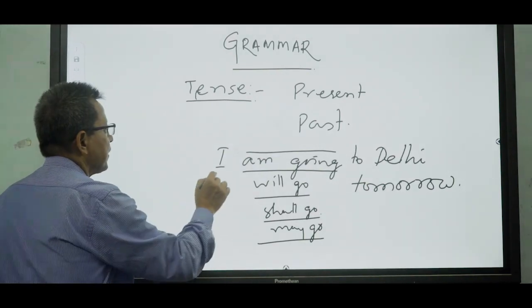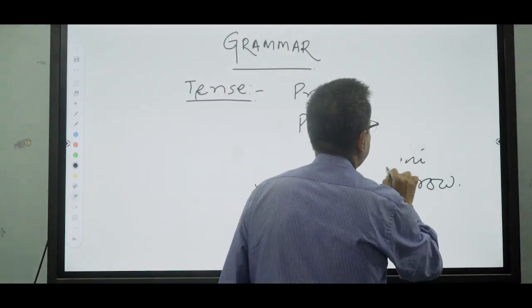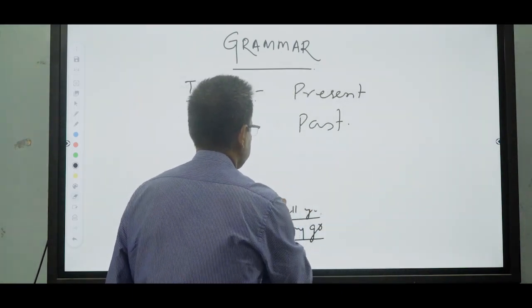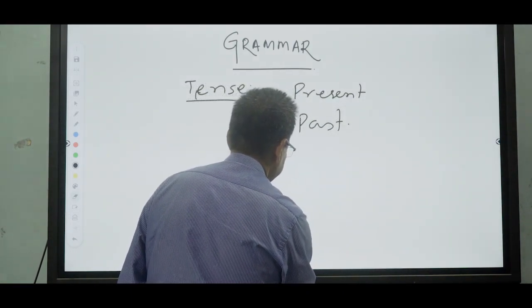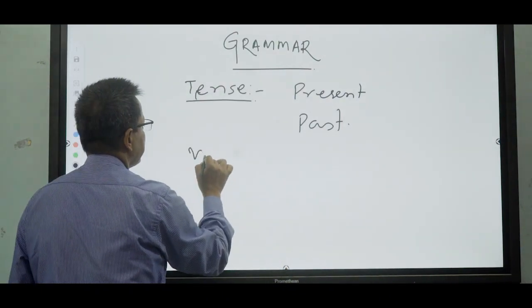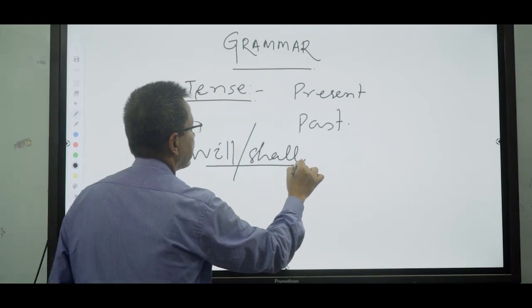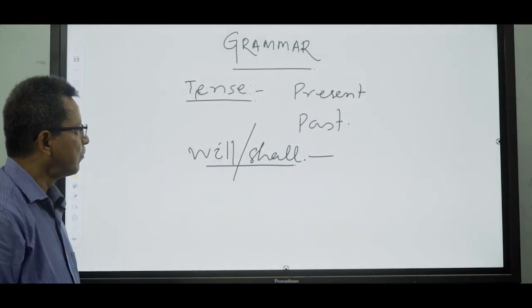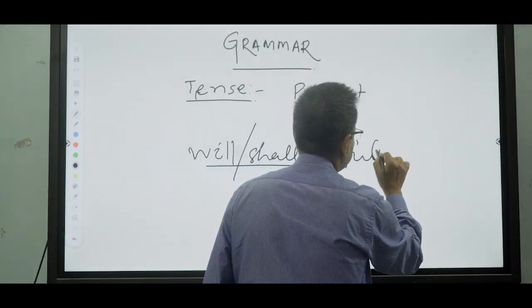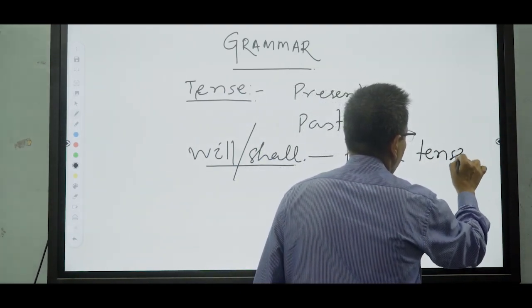And therefore, we can say that there are various, different ways of expressing a particular future action. And if we say that by using will or shall, when these two modals are used, we usually refer to those sentences as future tense, but it's wrong.